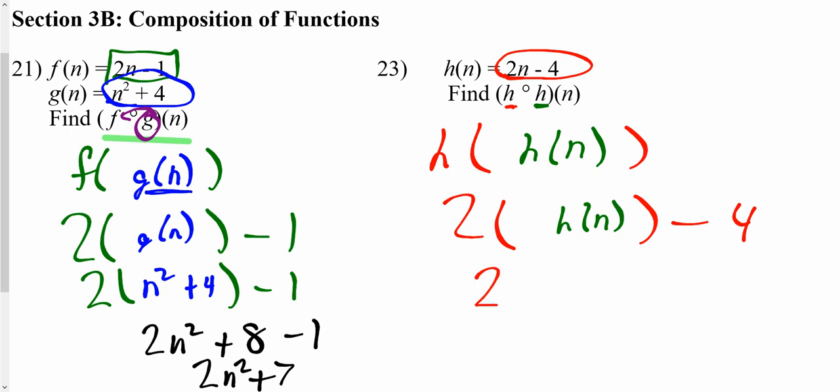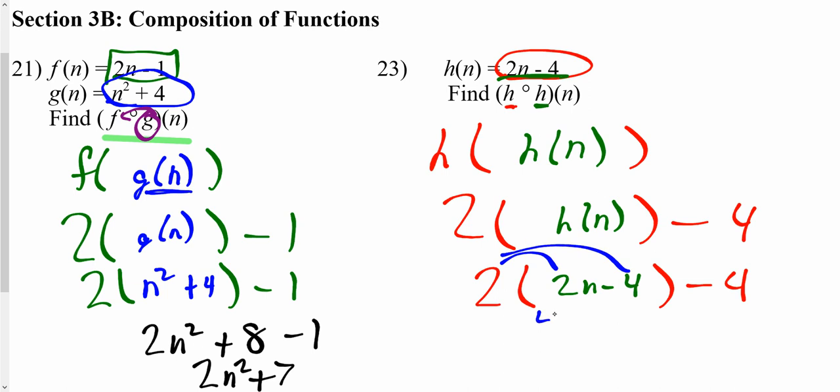So when I plug in that, once again, I need to take h, which is this, plug it in, and then all I have to do now is just go ahead and distribute through, combine like terms, and I get 4n minus 12. That's composition of functions. You take the function on the right and plug it into the function on the left.